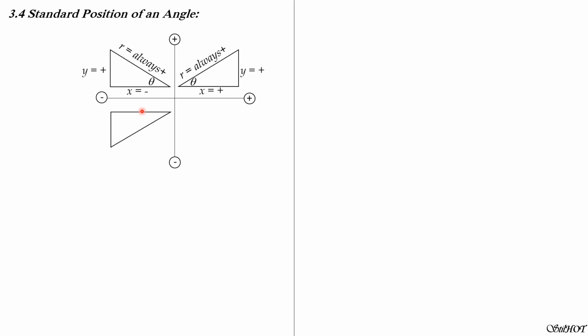Of course, in the third quadrant, theta is the reference angle, x is negative, y is negative, and r is always positive. In the fourth quadrant, x is positive, y is negative, r is always positive. So for instance, if the angle is 30 degrees, sine of 30 is, you know, 1/2.